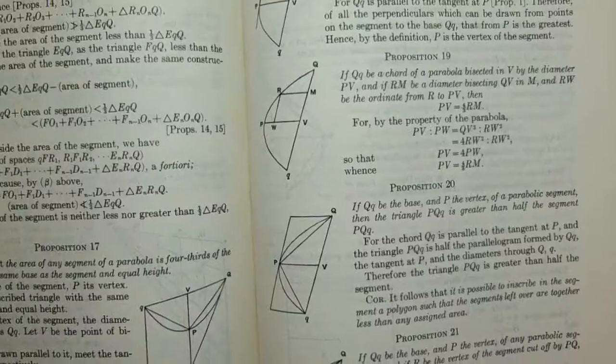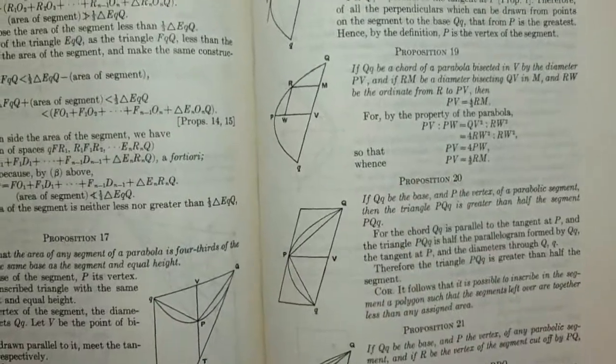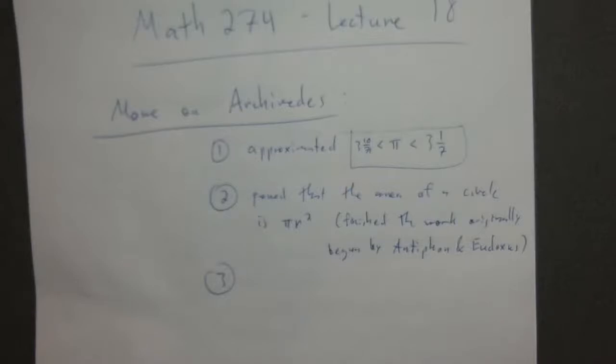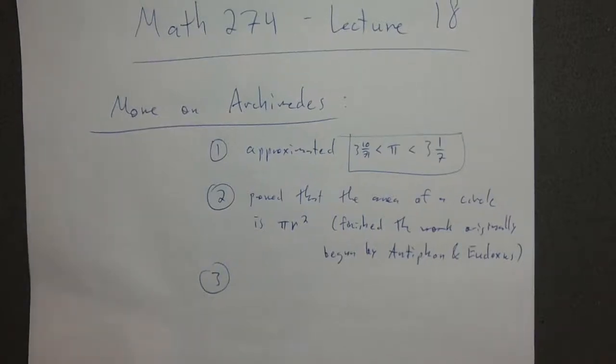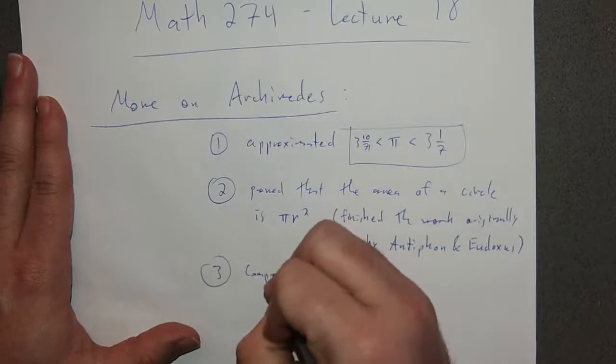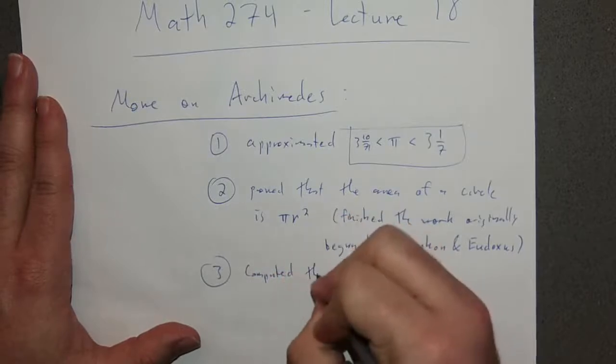This is an absolutely amazing feat. Nothing came close to this in terms of sophistication until the 1600s, basically until Newton and Leibniz and the discovery of calculus. So he computed the area under a parabola.